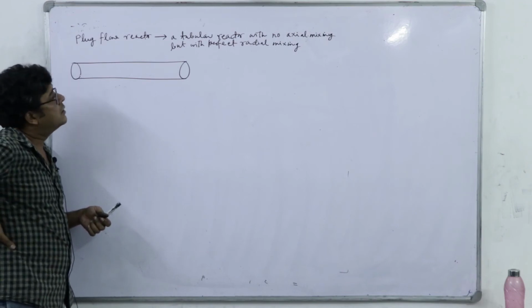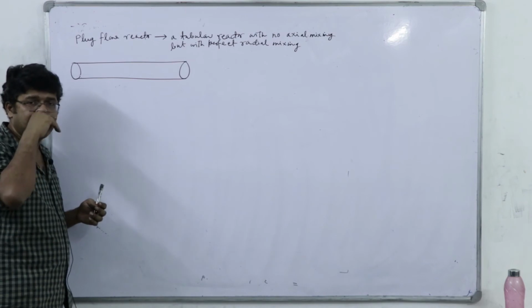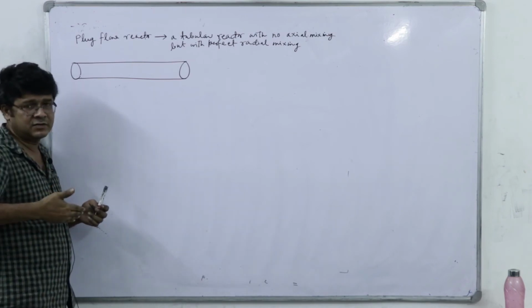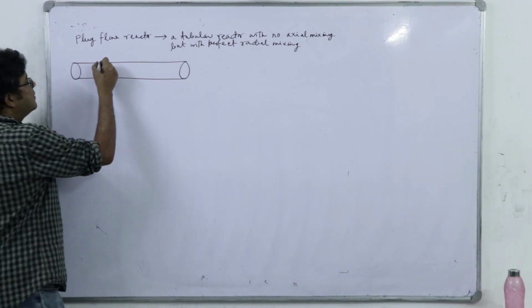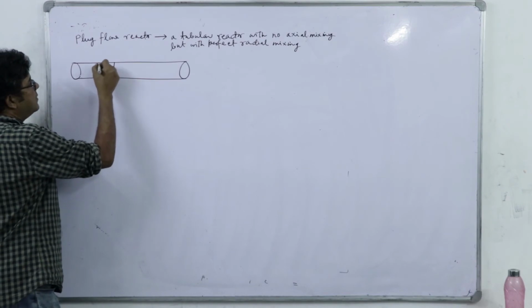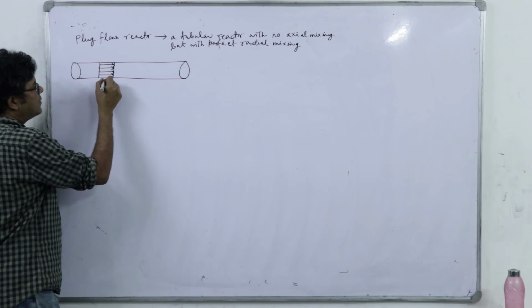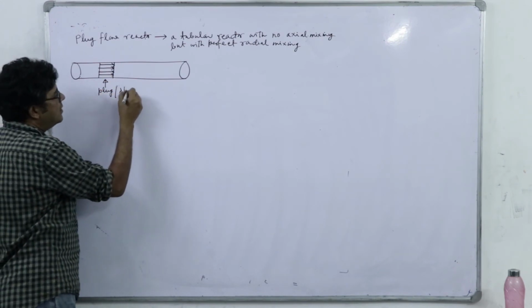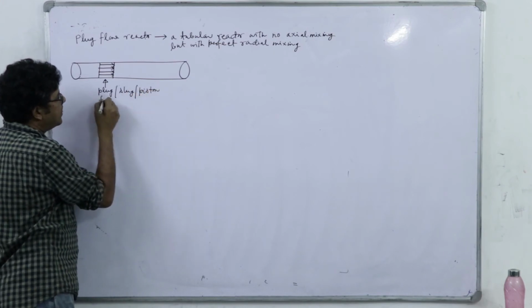How do we idealize? We idealize that there is no axial mixing. And how is it possible? If the velocity profile is flat, it's called the plug, slug or piston flow, right.